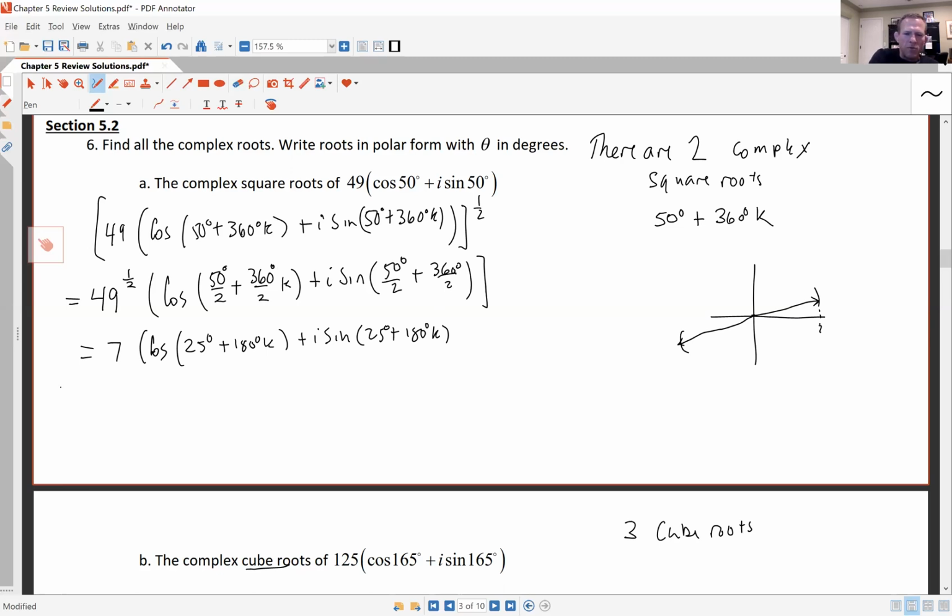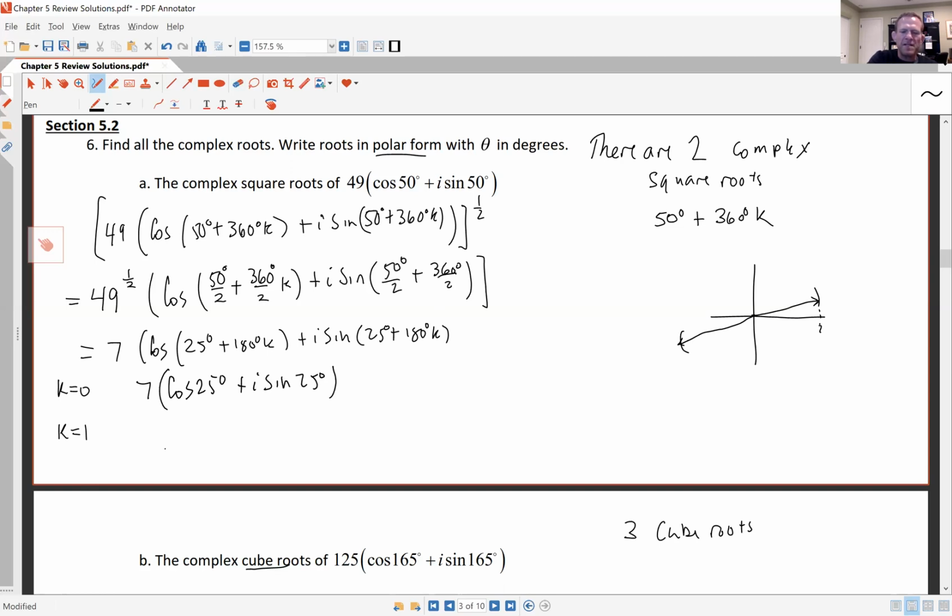And so when finding square roots, you're going to let k equal 0 and k equal 1, because there's our 2 of them. So we're going to leave this in polar form because we don't know what the cosine of 25 is without a calculator. Cosine 25 plus i sine 25.